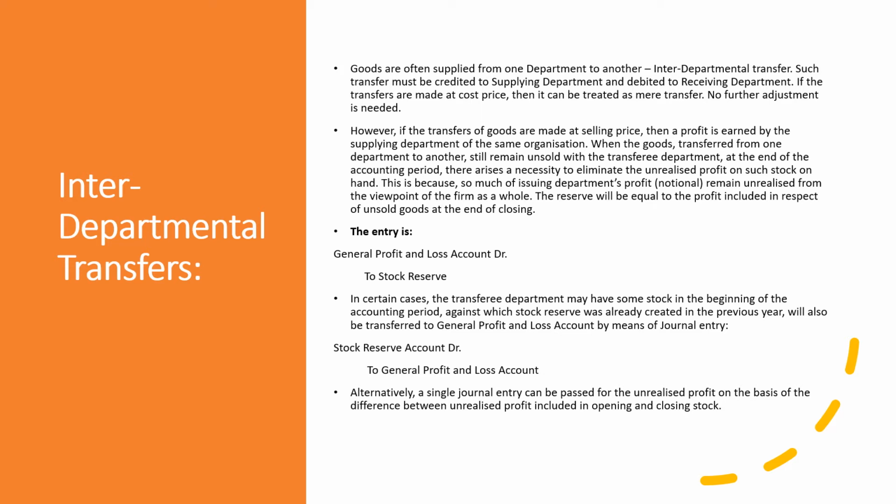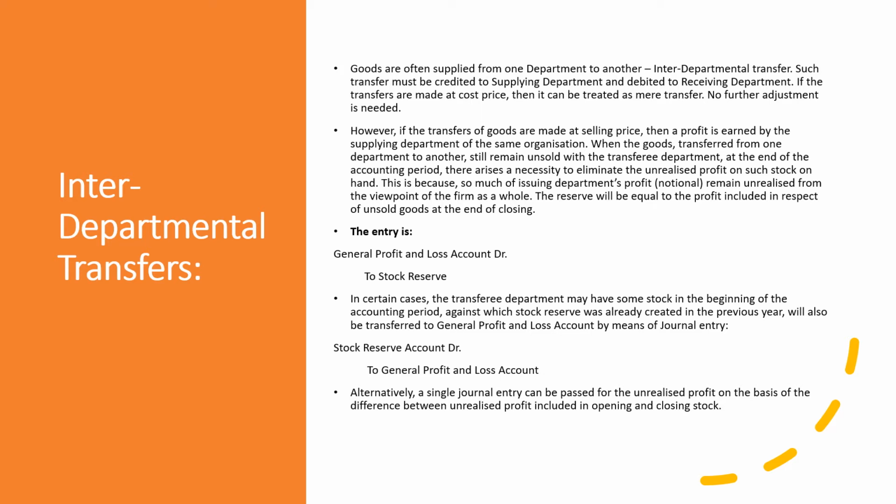But if the profit has been charged by one department to another, then you need to make certain adjustments. You need to check certain things. Suppose department A has sold certain goods to department B. Now, out of those goods, a few remain unsold at the end of the accounting year.